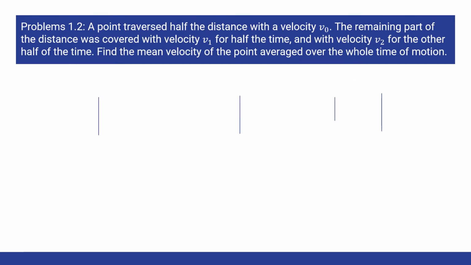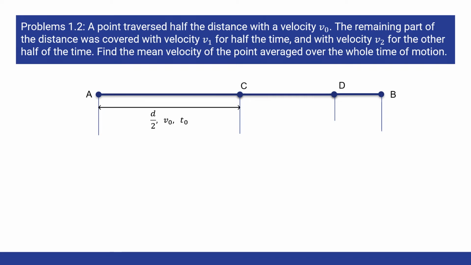So let's get going. Let the point traverse a distance d between A and B. Let C be the midpoint of AB. Distance AC is equal to d by 2 and this is traversed in time t0 at velocity v0. Let D be another point between C and B. We are given that the point traverses the distances CD and DB in equal times.